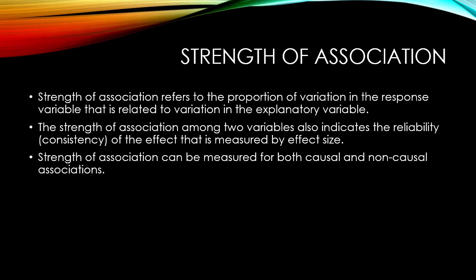That depends upon whether we've established causality with a good experimental design. Otherwise, effect size isn't really meaning effect, it's just some indication about the relationship among two variables. Strength of association will then tell us something about the consistency of that effect.